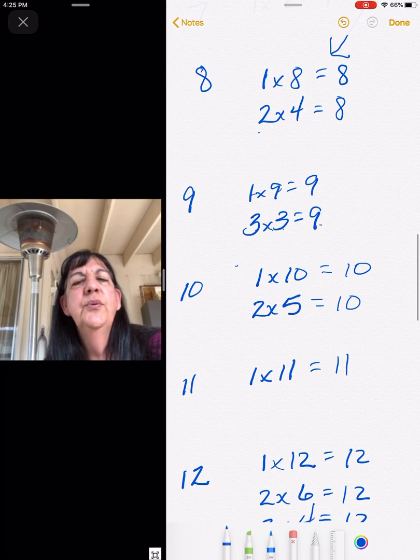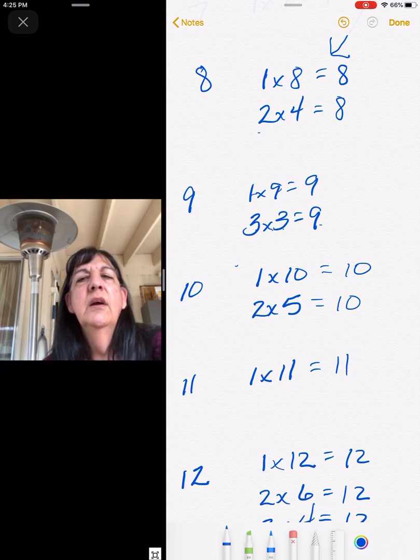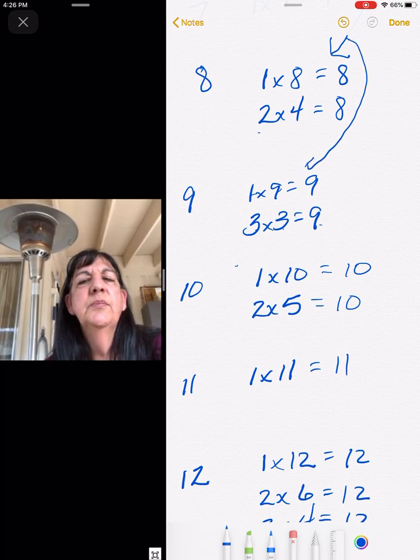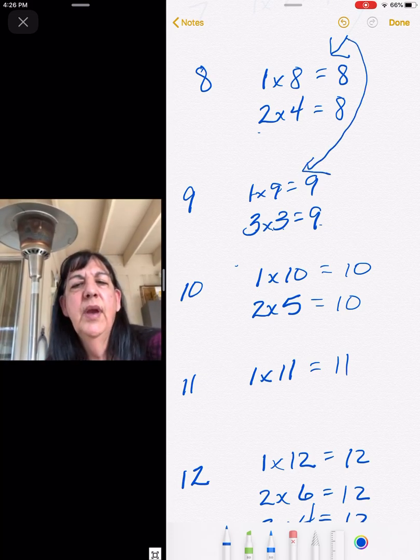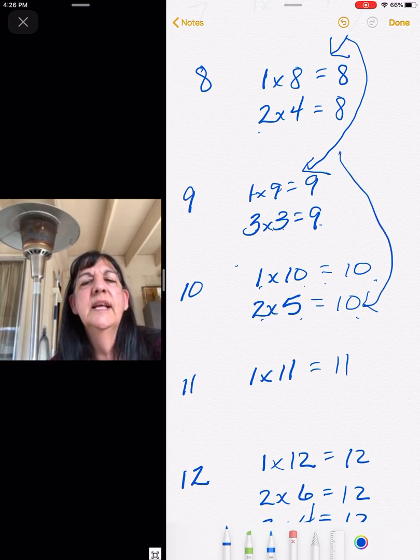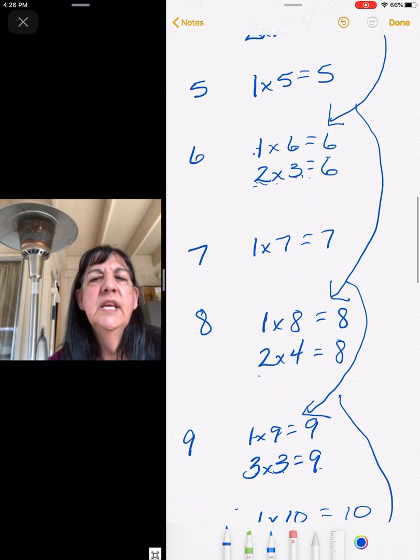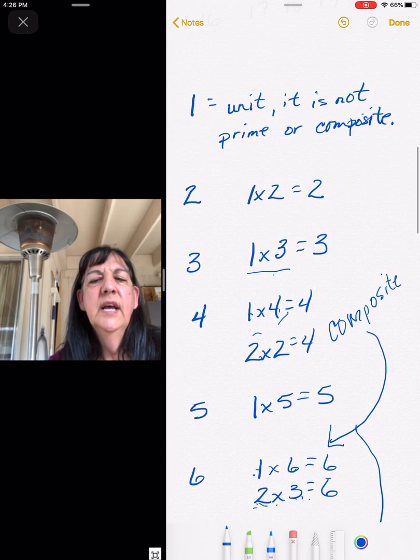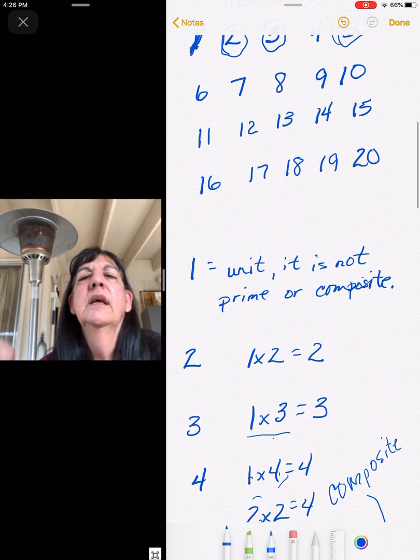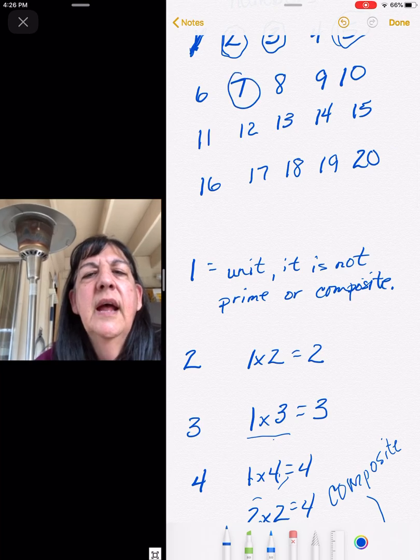So we have 3 numbers that are factors, so this would be another composite, okay? 1 times 10 equals 10, 2 times 5 equals 10, so we have 4 numbers that are factors, so again, that's composite. So in this, we only have number 7 that we're going to add, okay?